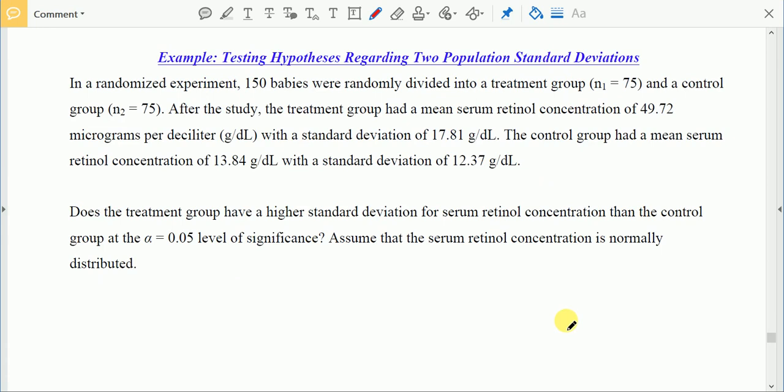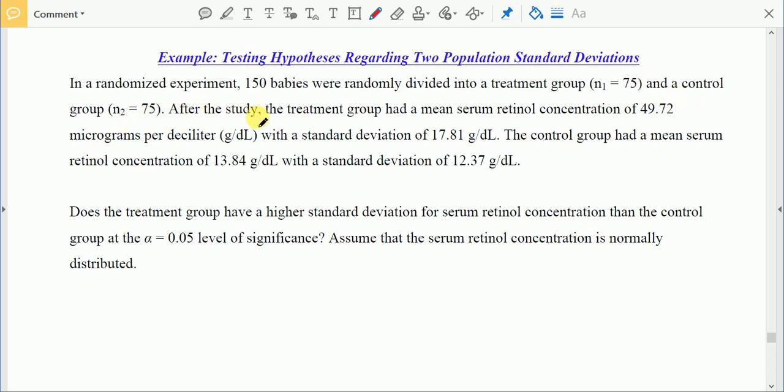Now there is one more example for this section. Again, we want to test a hypothesis regarding two population standard deviations. Now read this example carefully. In a randomized experiment, 150 babies were randomly divided into a treatment group, N1 is 75, and a control group, N2 is 75.